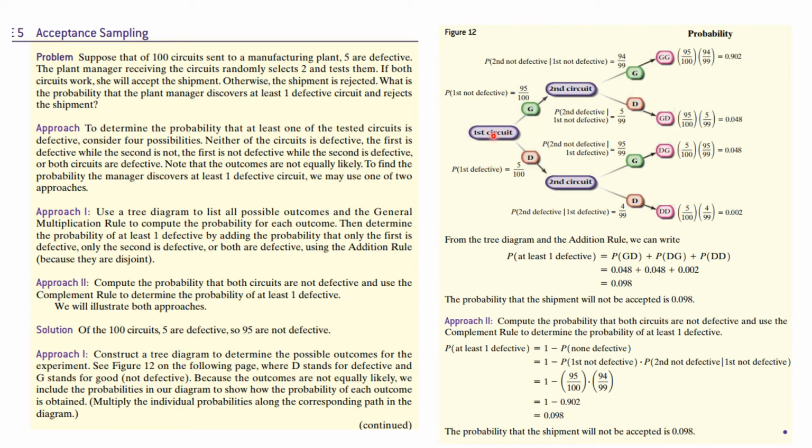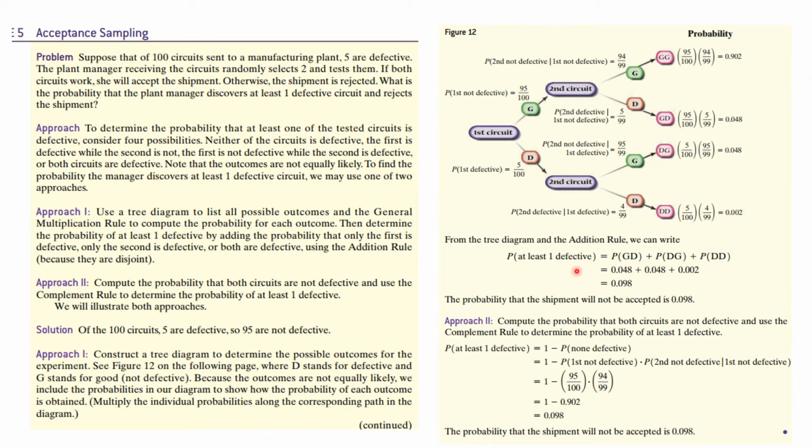So anyway, if we go up this branch, we get neither one was defective. If we go this one, we will get the first is not defective, the second is defective, and so on and so forth. So we have all of these things.